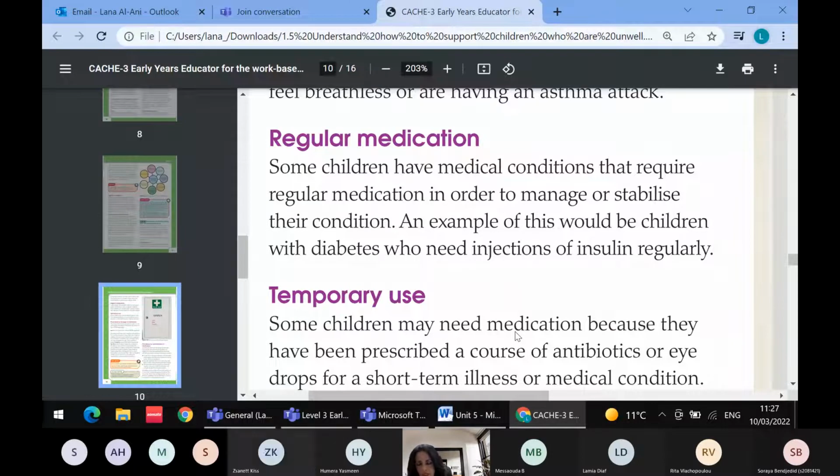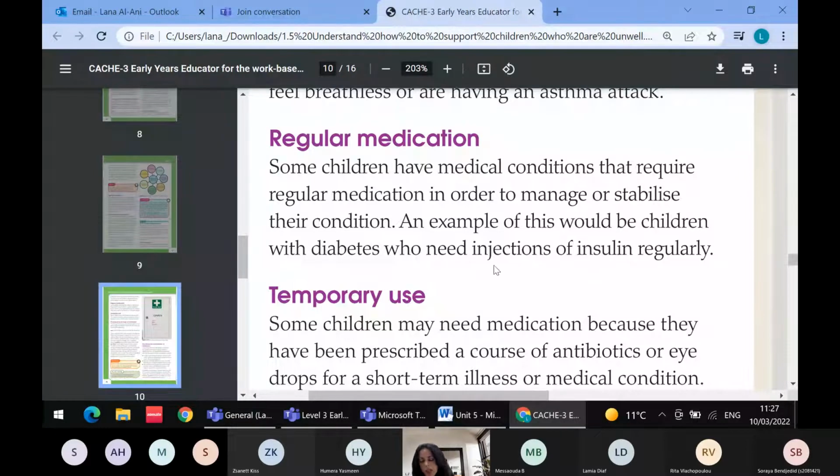Is this medication suitable for this child? We need to make sure. And does he have any other medical condition which prevents him from having this medication? Some are regular use, like insulin injections for a child who has diabetes.